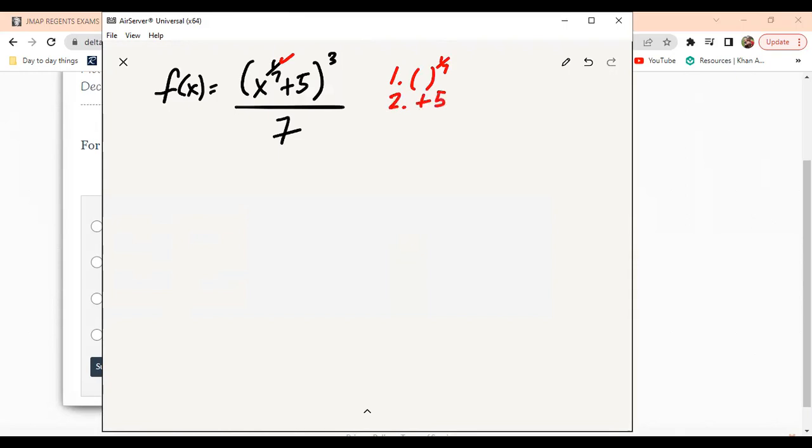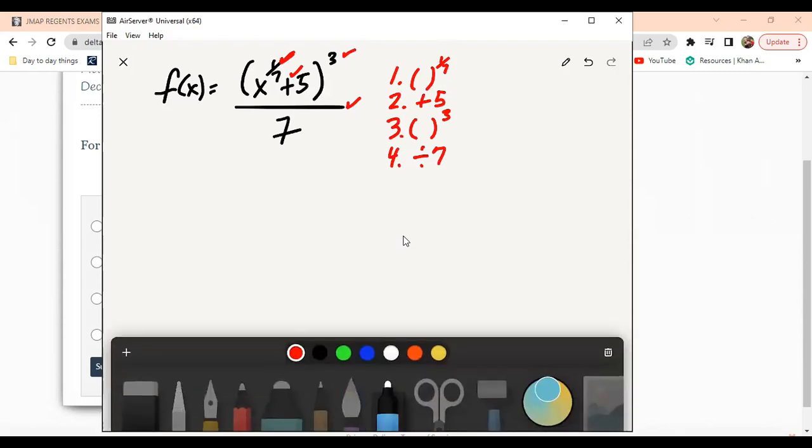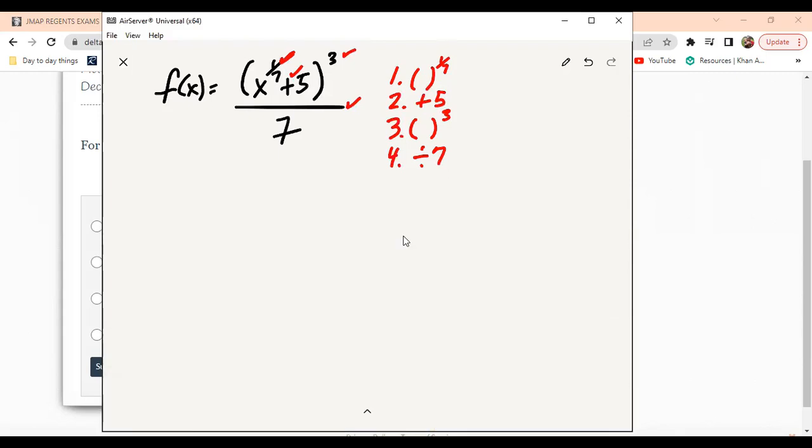All of that stuff is inside the parentheses, and then we're raising it to the 3rd power. And then the fourth thing that we're doing is we're dividing by 7. So we're taking the 1/7 power, we add 5, then we raise it to the 3rd power, and then we divide by 7.